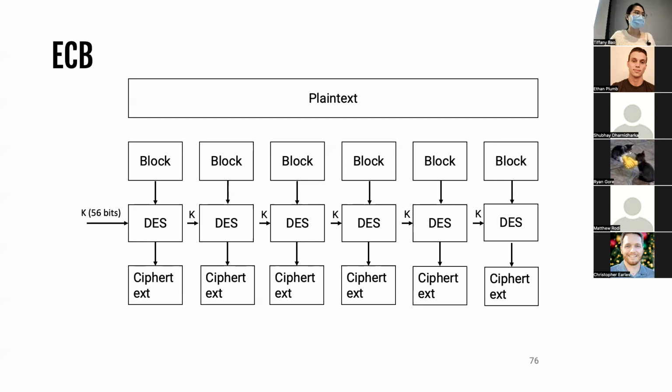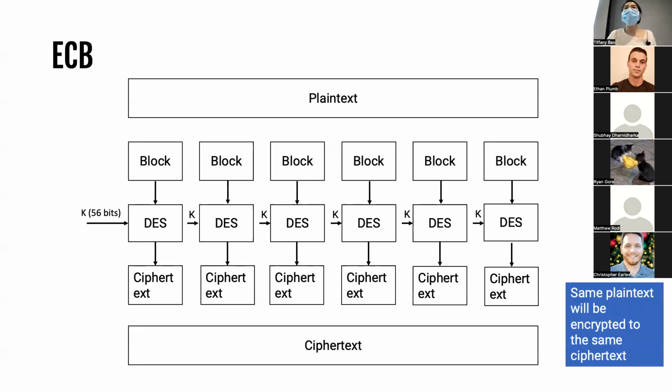ciphertext. Well, the problem here is that if we encrypt blocks in this manner, every block with the same plain text will be encrypted to the same ciphertext. This might be an issue.